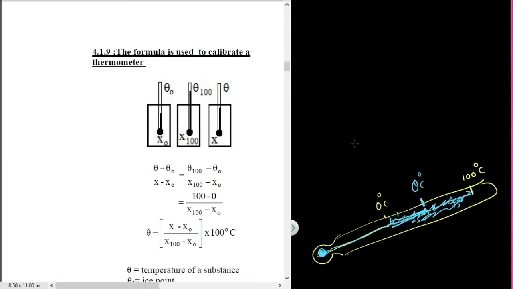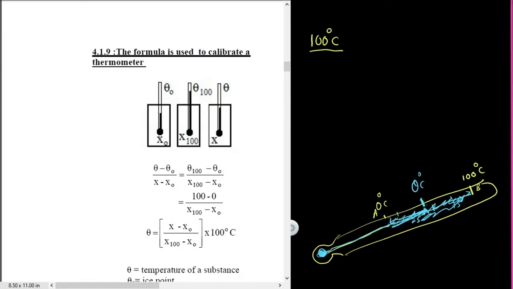So how can we measure this? We can measure this by using the ratio. We know that from point A to point B, or from 0 degrees Celsius to 100 degrees Celsius, the difference between point A and point B is 100 degrees Celsius. It will be represented by this length.